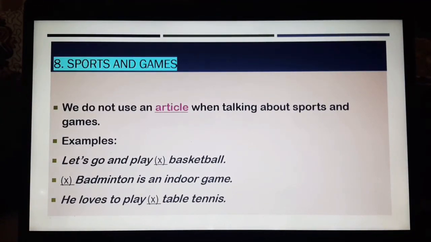Sports and games. We do not use an article when talking about sports and games. Examples: let's go and play basketball. Badminton is an indoor game. He loves to play table tennis.